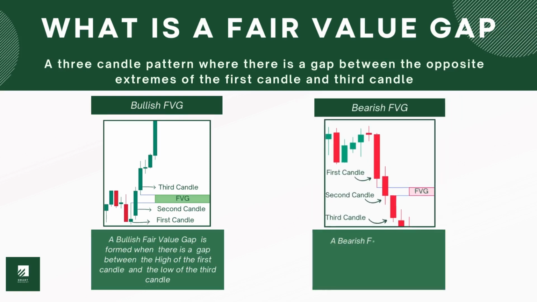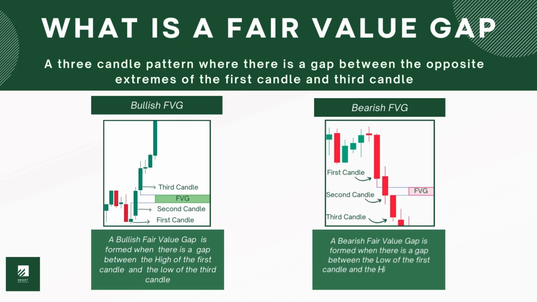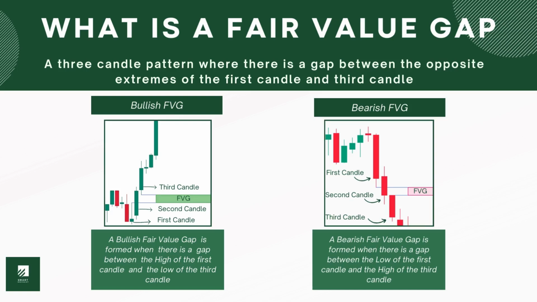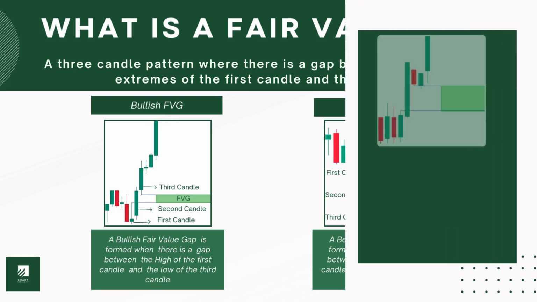Similarly, in a bearish scenario, it will be exactly the opposite, in which there will be a gap between the low of the first candle and the high of the third candle. That is all that a fair value gap is. It's a simple 3-candle pattern with a gap between the first candle and the third candle extremes.